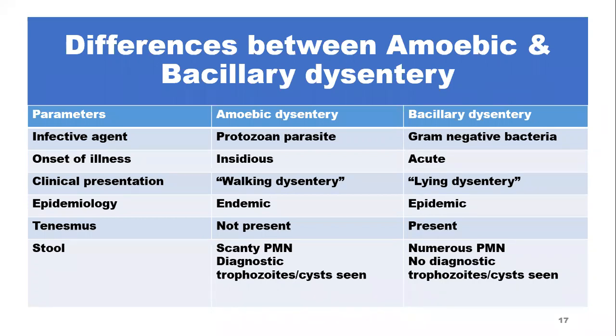In terms of how the patient presents, with amoebic dysentery, although the patient is passing out bloody stool, the patient will come to the clinic to complain, I'm worried, I can see blood in my stool. However, a patient with bacillary dysentery has some degree of toxemia, so they are usually brought in by close relatives or friends because they can't come to the clinic themselves.